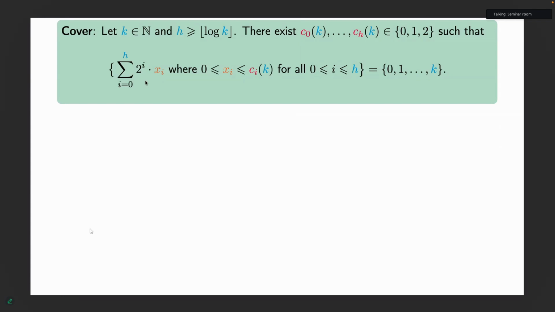You can produce any integer between 0 and k. That's a nice statement. It took me a few days to prove it.